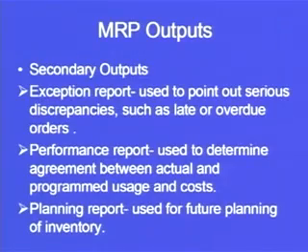What are the secondary outputs? First is the exception report, used to point out serious discrepancies such as late or overdue orders. Sometimes we are not manufacturing or producing according to the desired plans. So whenever there is a certain discrepancy, that will be given as an exception report.